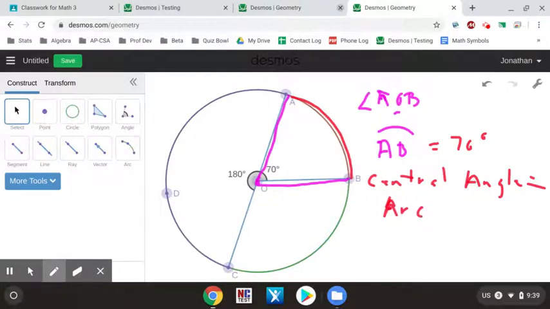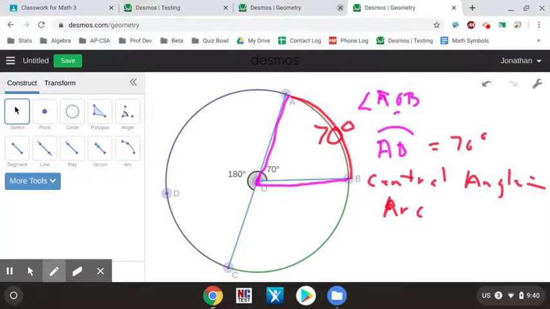So the value of the central angle will always equal the value of the arc. So that is going to be true for any circle. So since this angle is 70 degrees, the value of this arc is also 70 degrees.